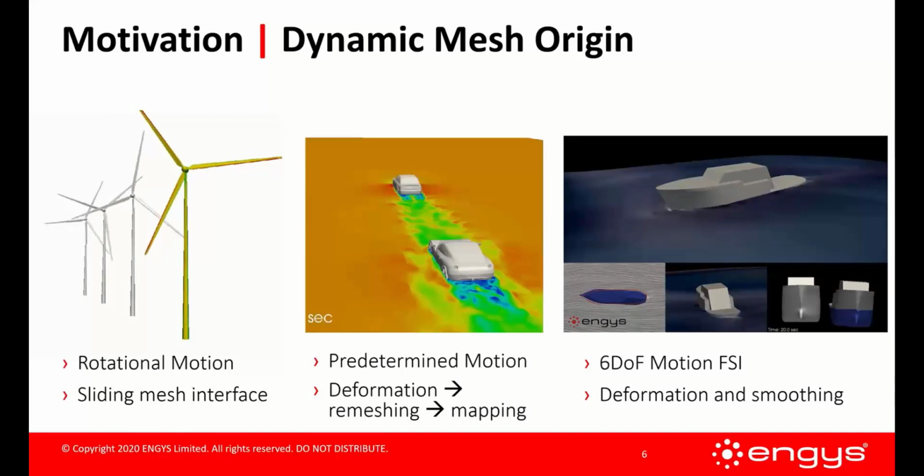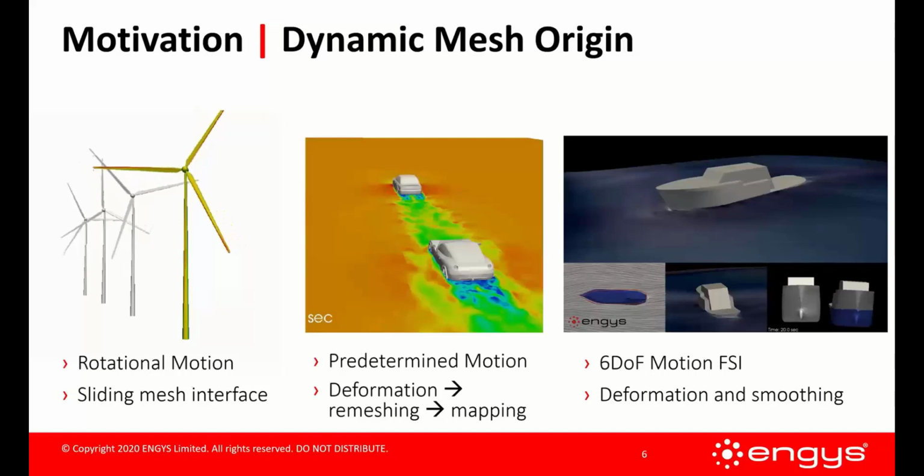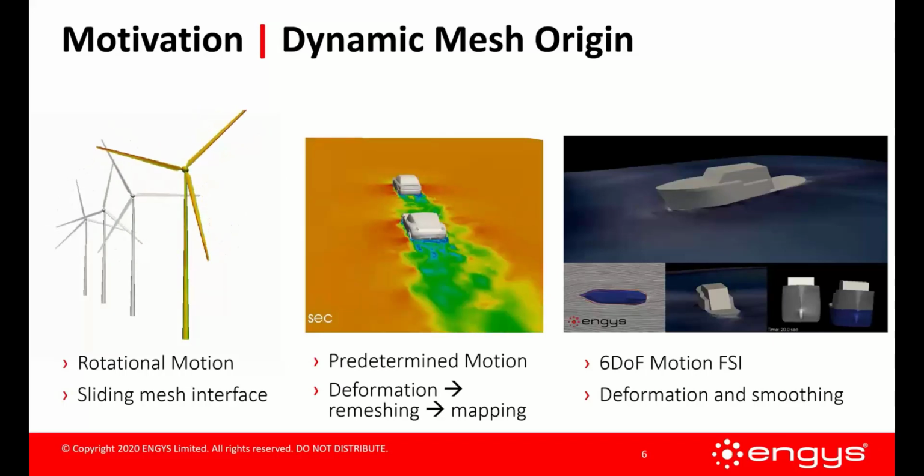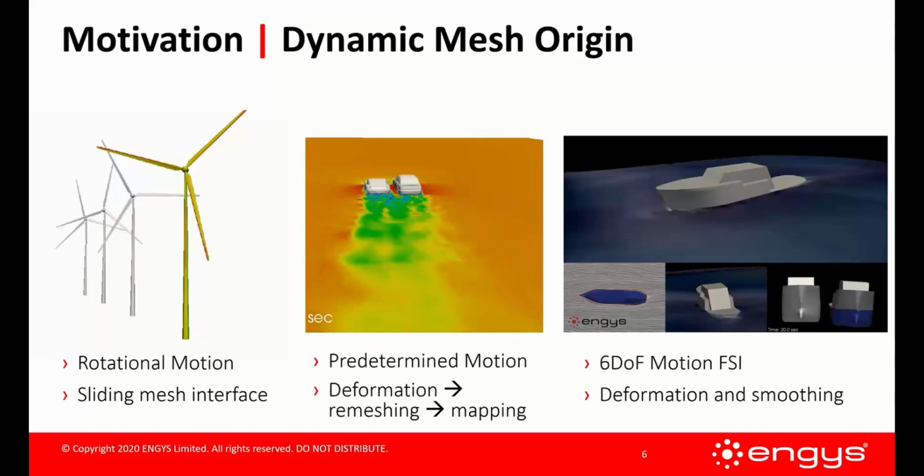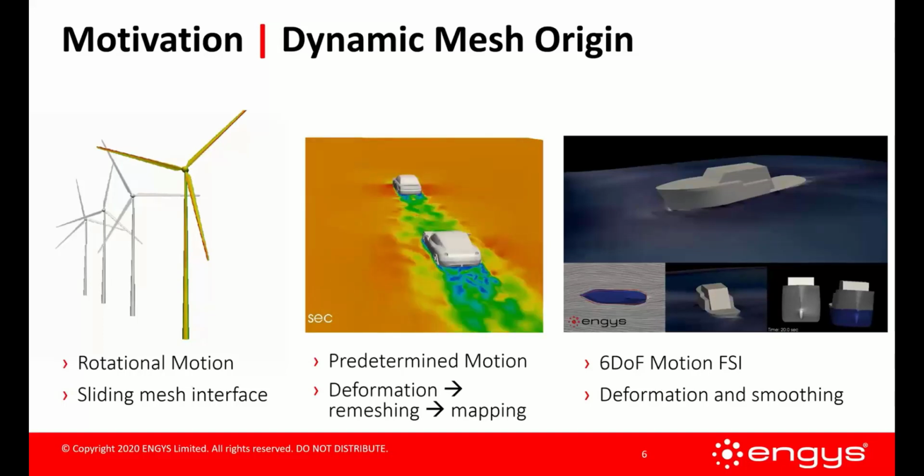So first off, dynamic mesh motion. We have lots of different application areas within computational fluid dynamics analysis that use moving meshes. On the far left, we've got rotating motion, and around this rotating motion, we have a sliding mesh interface. Here in the middle, we have predetermined motion of a vehicle overtaking another vehicle, and this would use some sort of deformation.